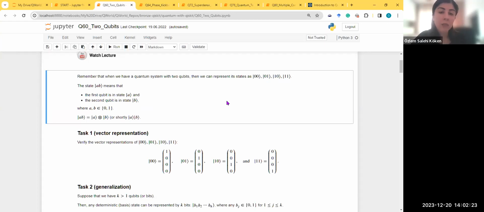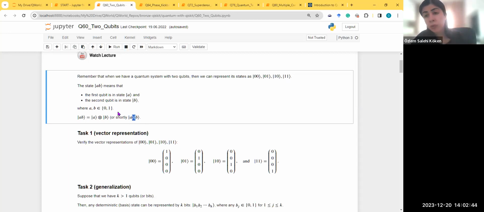Right now when I say first, I am reading from left to right. In short, this is ket 0 concatenated with ket 0, or ket 0 concatenated with ket 1. But to write this in short, we remove the symbols in between, and this is how we express it.